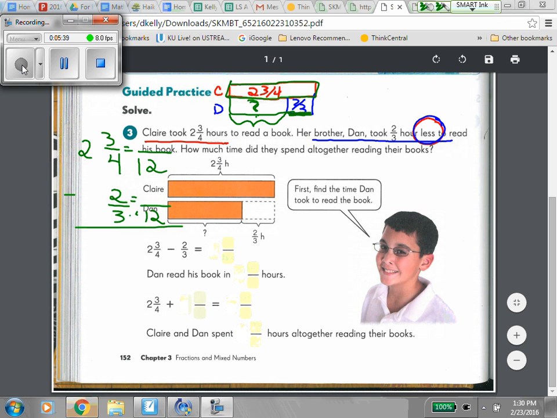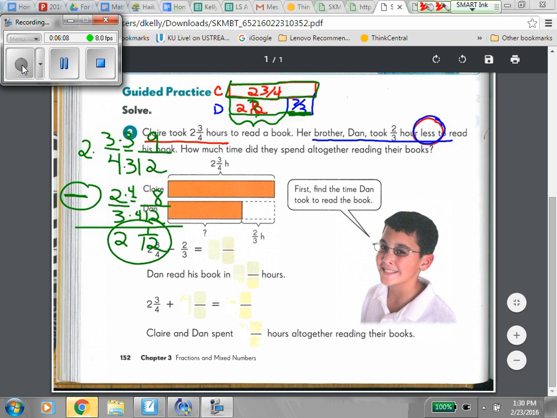And 3 times 4 is 12. 2 times 4 is 8. 4 times 3 is 12. 3 times 3 is 9. Okay, and I'm subtracting, remember that. So 9/12 minus 8/12 is 1/12. And then 2 take away nothing is 2. So Dan spent 2 1/12 hours reading his book.